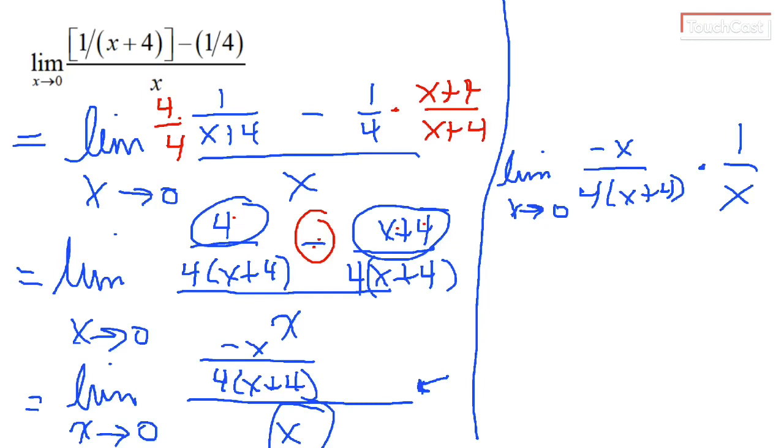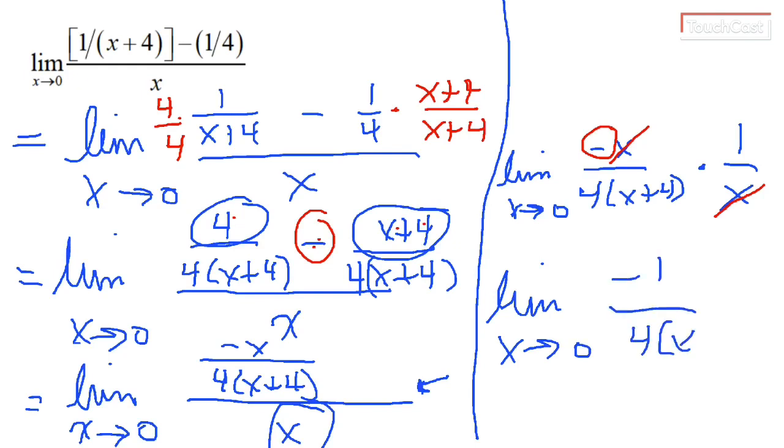Now here, I can finally do some canceling. That's a negative x cancels with a positive x to leave behind negative 1. Don't lose your negative. It's going to be a limit as x approaches 0 of negative 1 over 4 times x plus 4.